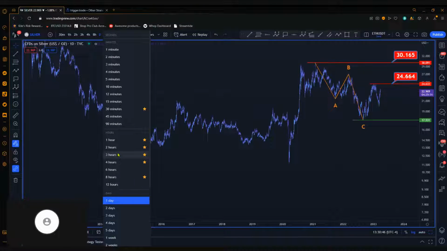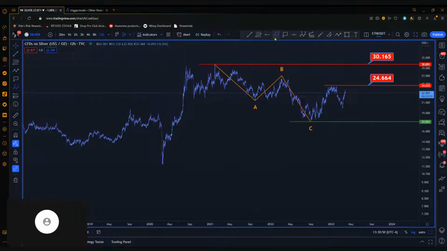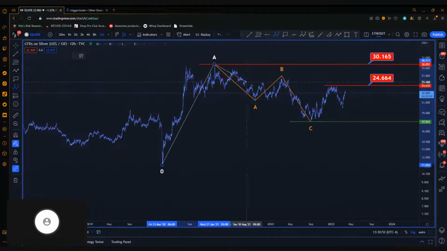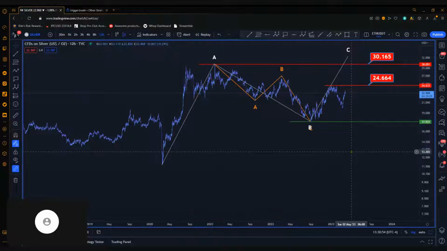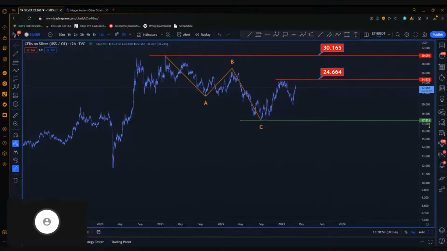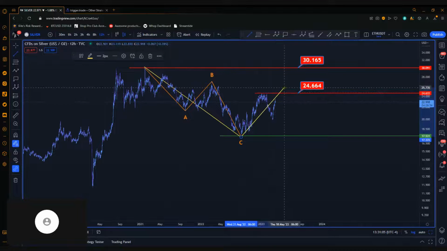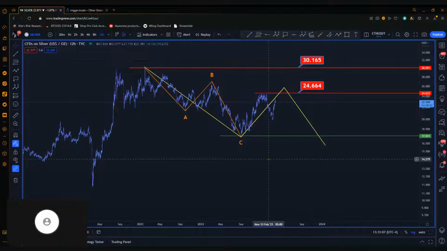So mostly this is what matters. All right, so we have a potential A to a B to a C scenario. That's the bullish idea. Another potential scenario is that maybe this B wave is not done yet. Maybe that's an A. We get one more high for a B to a C.